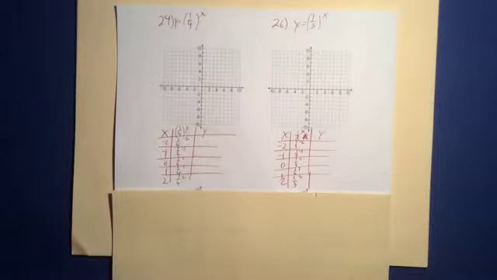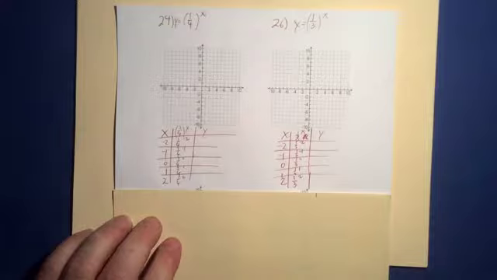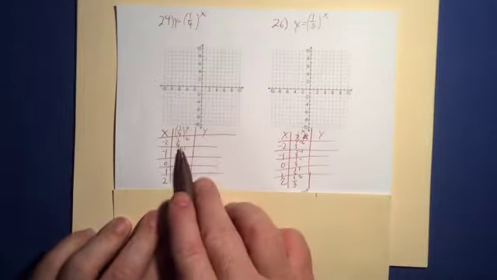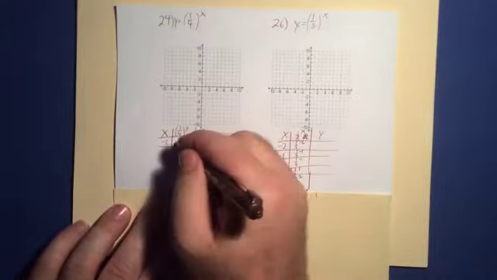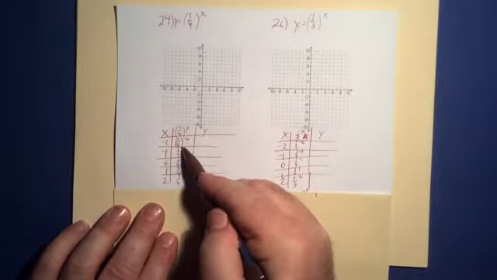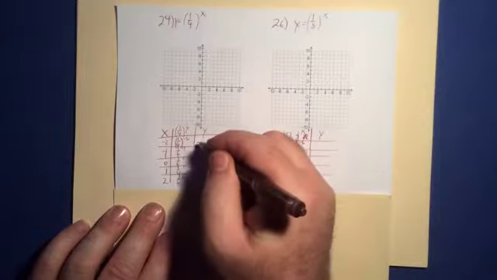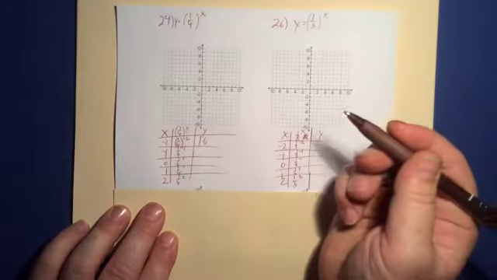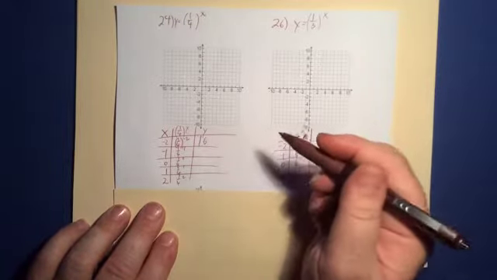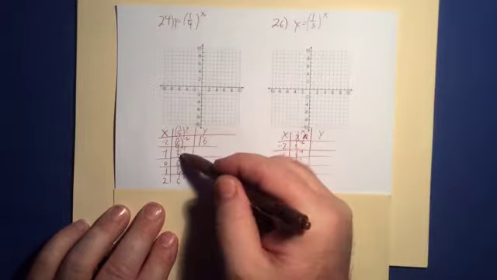I apologize if that's small, but if you can copy that down in a size that you can read, hopefully that's going to make more sense. If I raise 1/4 to the -2nd, I have to flip it, so 1/4 flipped is 4, and 4 squared gives me 16. That's a value we're not going to be able to plot, but it should give us an idea of the direction.